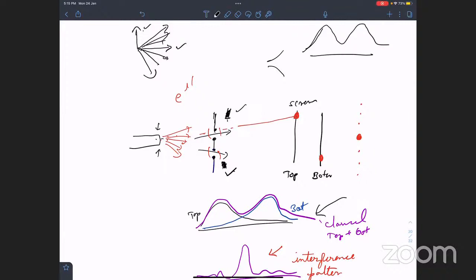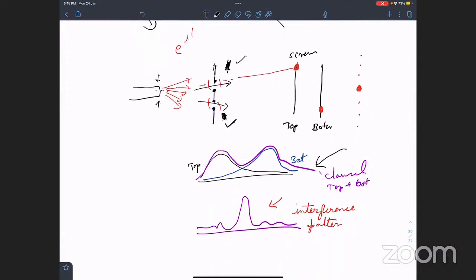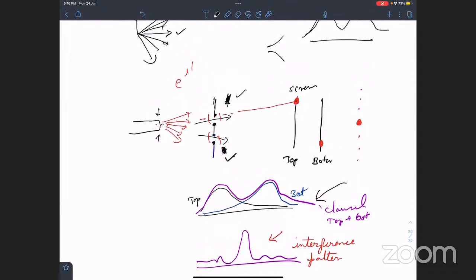Why that happens is because the presence of the detector disturbs the wave function, and so interference cannot happen if you have disturbed the wave function. The moment a click is registered here, the wave function dies, and this portion of the wave is not there anymore.